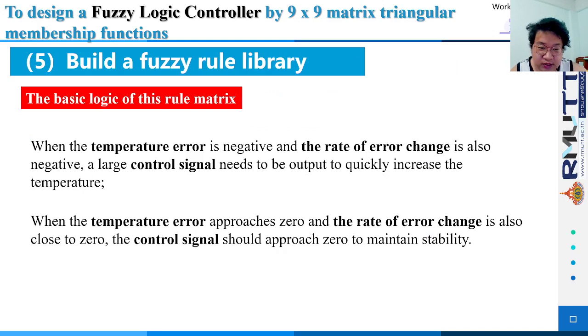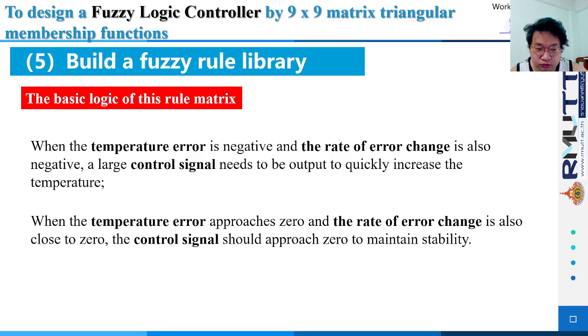And the next step, build a fuzzy rules library. Due to the presence of two input variables, each input variable has 9 fuzzy sets, resulting in a 9 times 9 matrix structure.